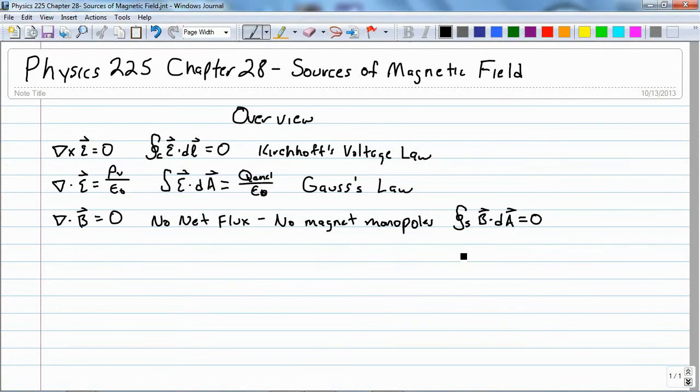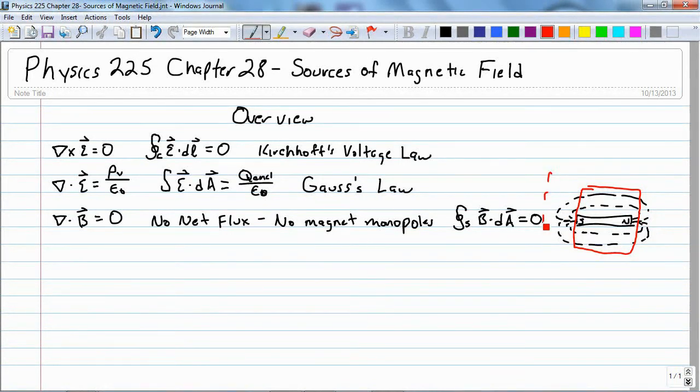And this makes sense because if I have a magnet and there's a magnetic field, then it doesn't matter what shape I put around this magnet, because if I put a shape here, then all the magnetic field lines that exit will enter on the other side.